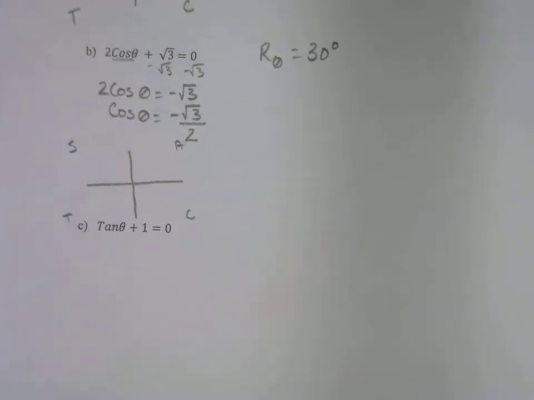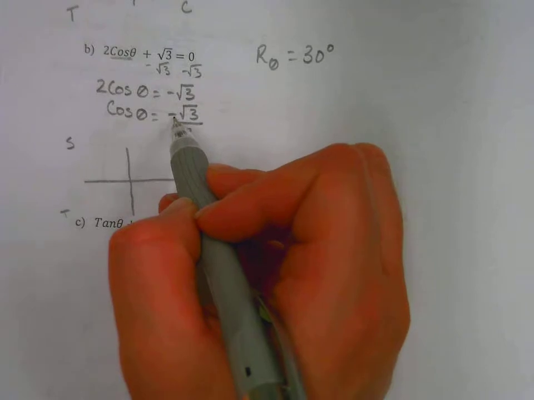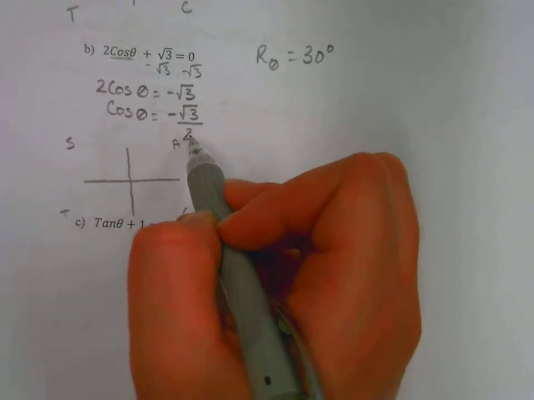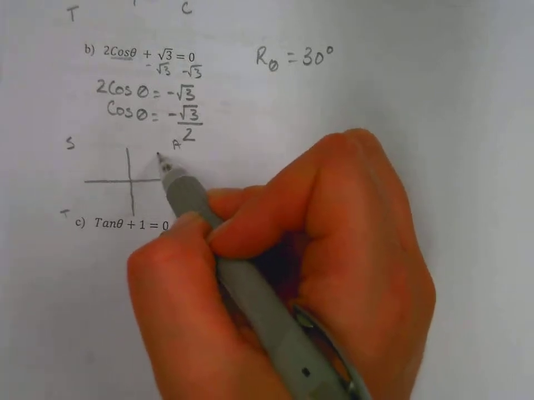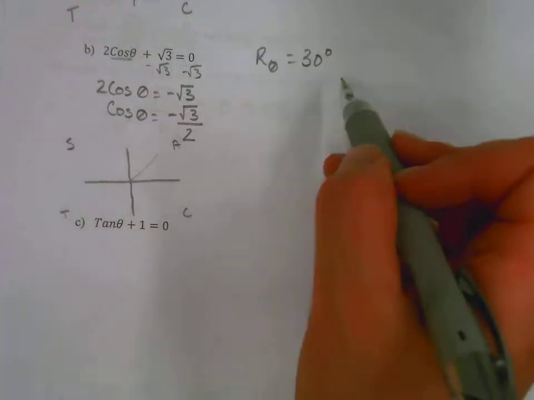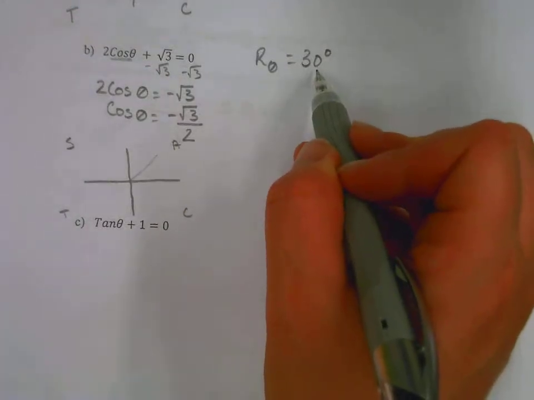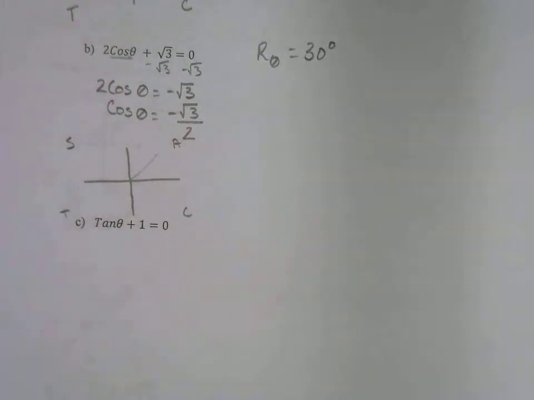Okay, so just be careful now. We are looking for the solutions when cos of theta is equal to a negative root 3 over 2, and 30 degrees would occur in this quadrant, which gives me a positive cosine ratio. So even though 30 degrees is my reference angle, it's actually not a solution in this case.